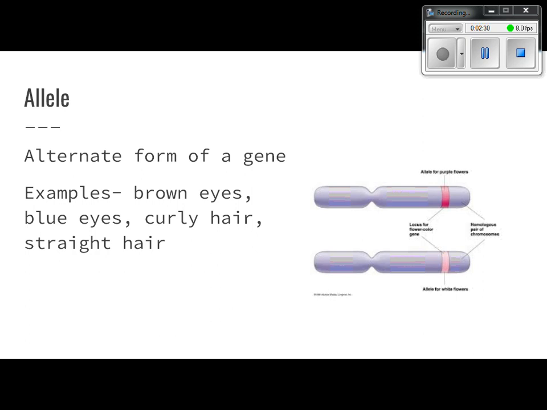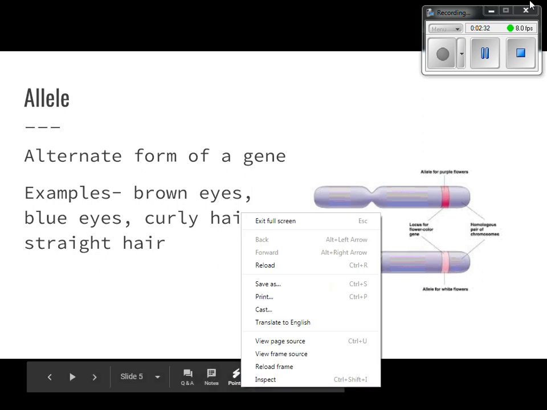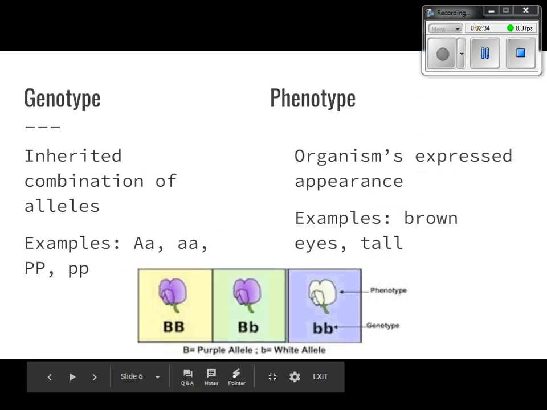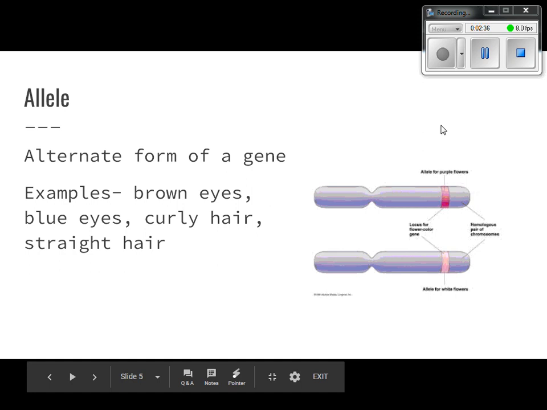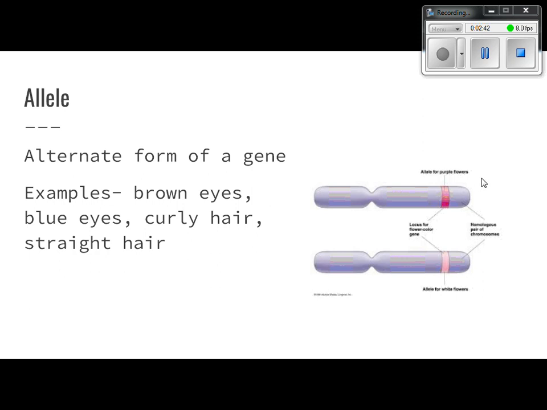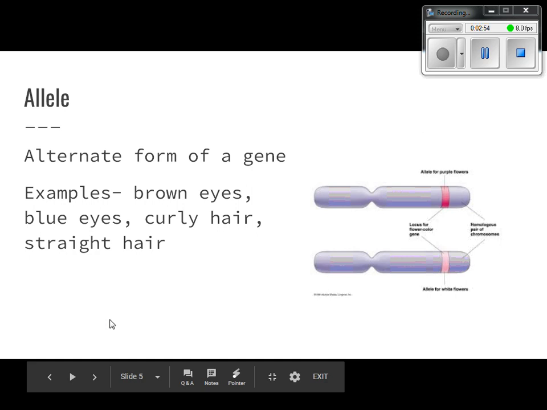Your diagram here, for example, shows a chromosome. And on that chromosome, it's saying, hey, at this spot we have this gene for flower color. This chromosome has one allele that is saying, hey, this flower should be purple. And this one here has a gene that says, hey, this flower should be white. Those different forms of that gene are referred to as alleles.